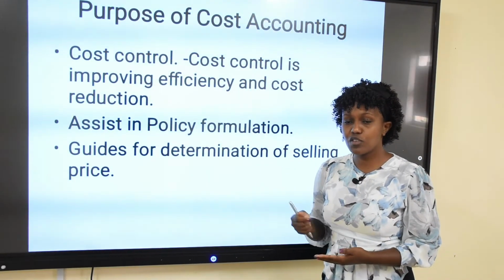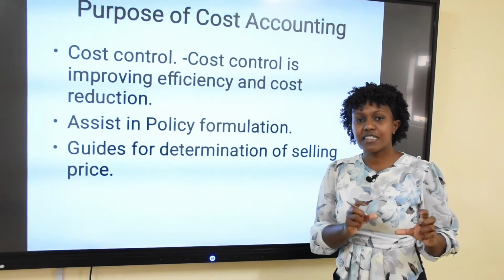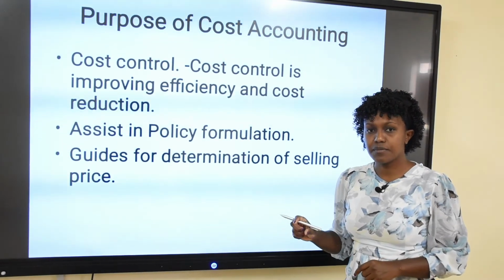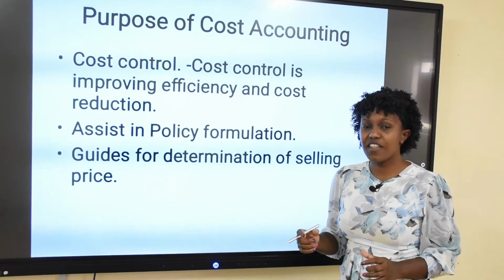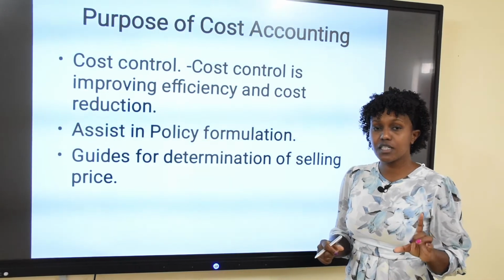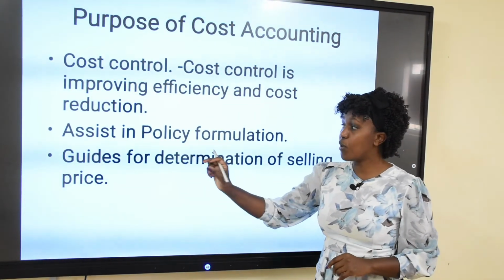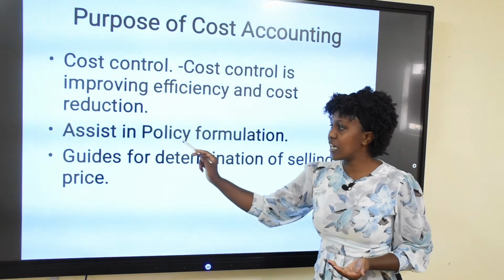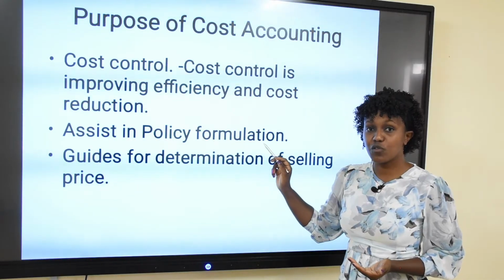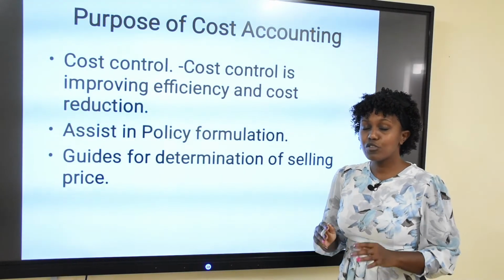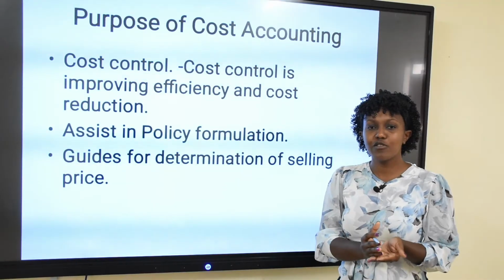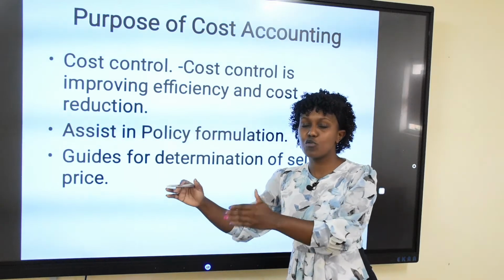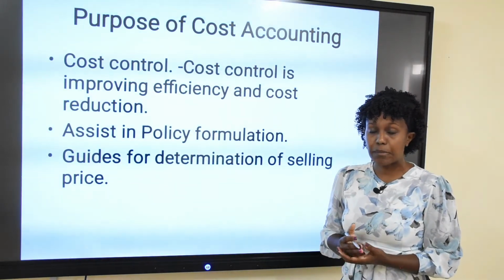It assists in policy formulation. For example, you want to decide between making a certain product and buying that product from an external supplier. So you want to develop a policy whether a certain product should be produced in the organization or it should be bought from an external supplier. So for you to be able to formulate that policy, you have to use the branch of cost accounting where you determine how much cost it requires you to make the product, and how much cost it requires you to buy the product from an external supplier.